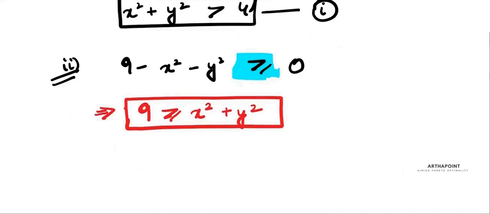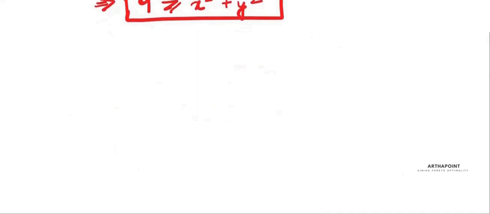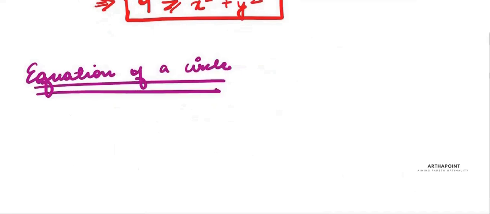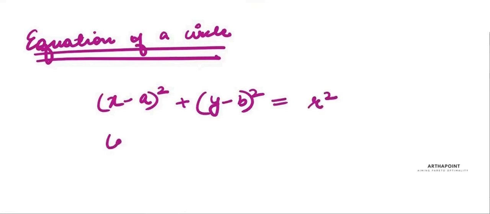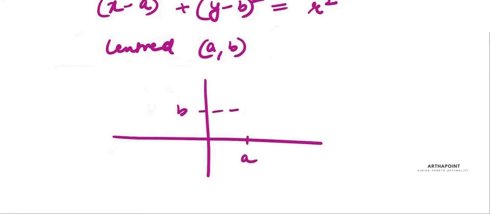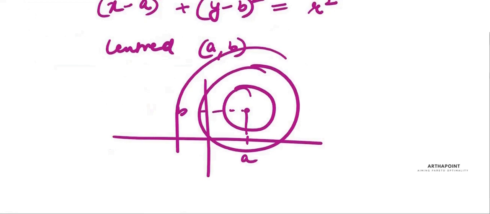Now let's hold for a second and think about what these equations really look like. Remember the equation of a circle: x minus a whole square plus y minus b whole square is equal to r square. It was centered at a comma b. So wherever your a comma b exists, that becomes the center, and then you can draw a circle around it.